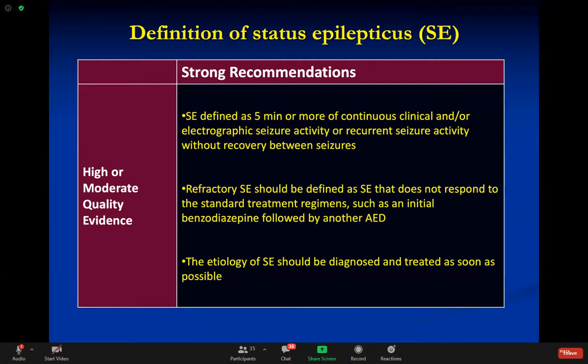All right. Refractory status epilepticus is defined as status epilepticus that does not respond to the standard treatment regimens, such as an initial benzo followed by an anti-epileptic drug. And the etiology of status epilepticus should be diagnosed and treated as soon as possible. Okay?